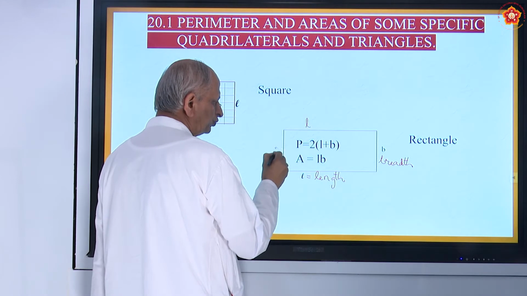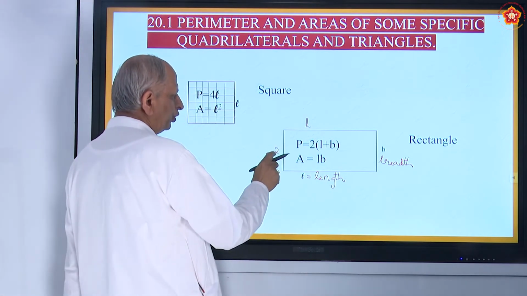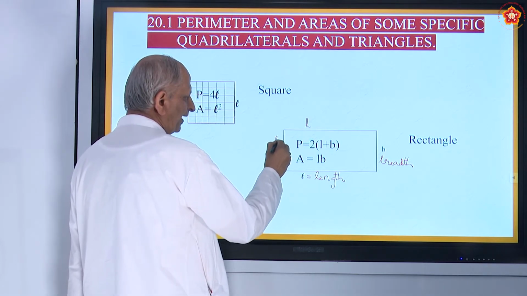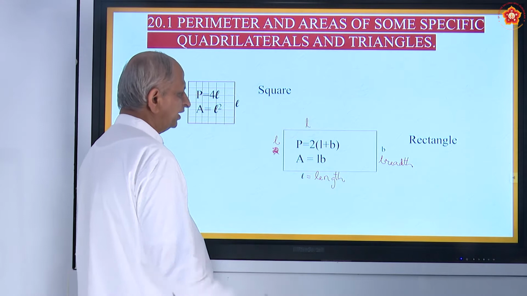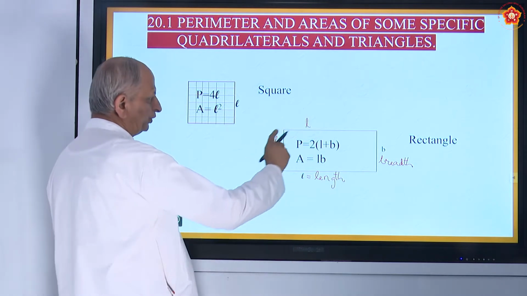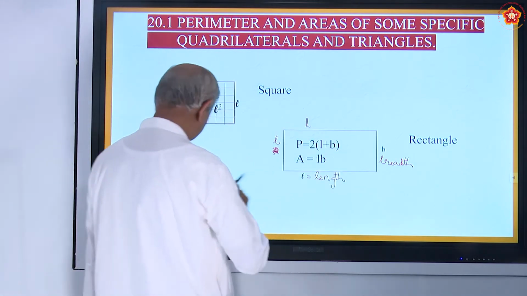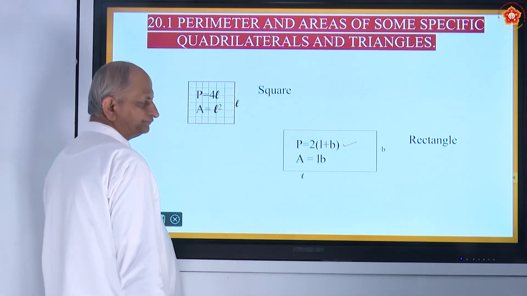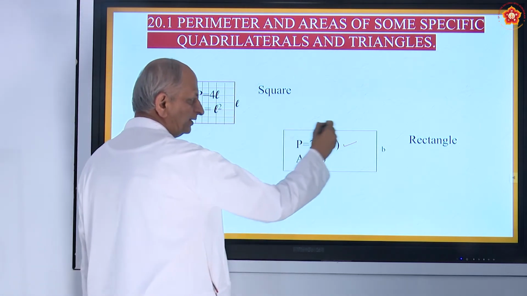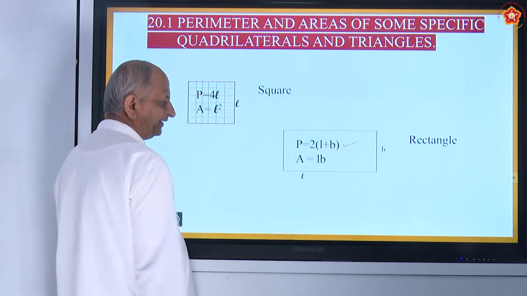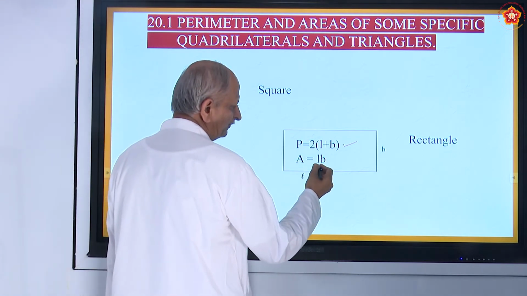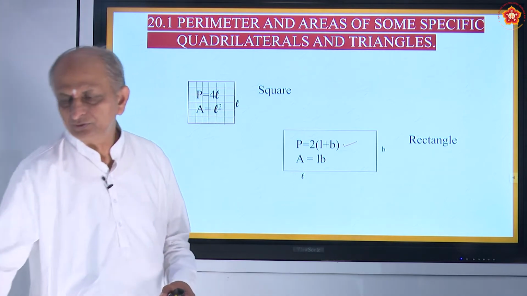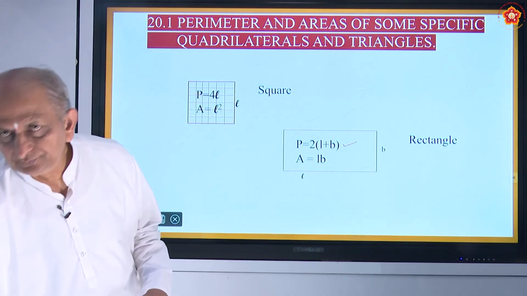How many breadths? 2 breadths. Totally it becomes 2 into L plus B, the formula for perimeter. P is called perimeter, nothing but the sum total of all sides, and area is given by the formula L into B, and you have to express it in terms of square units.